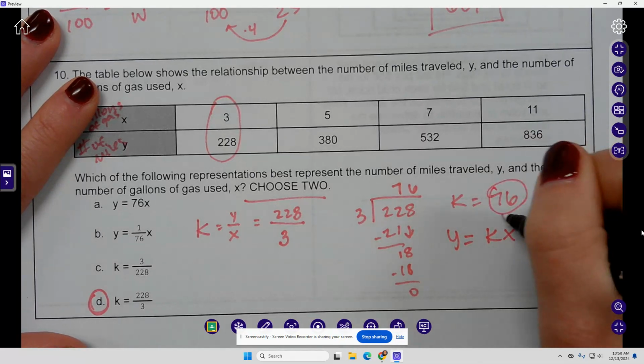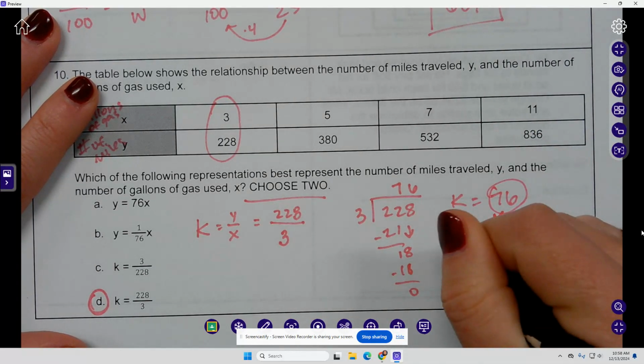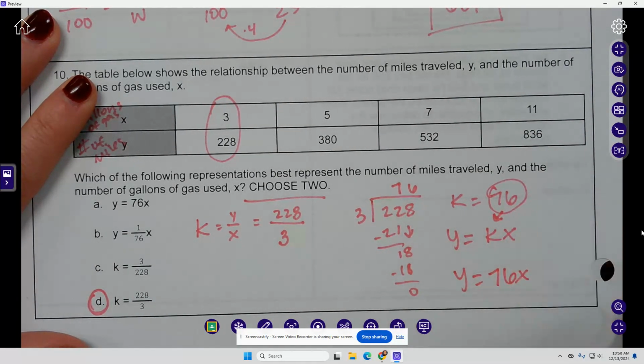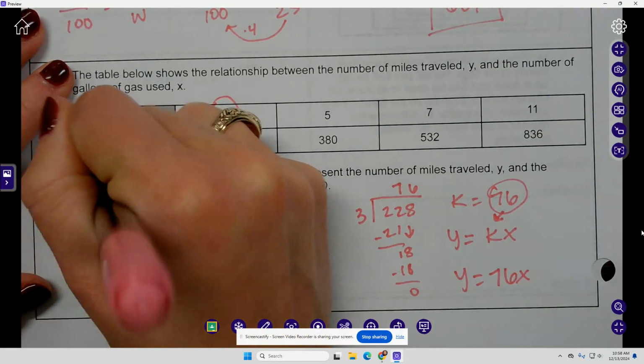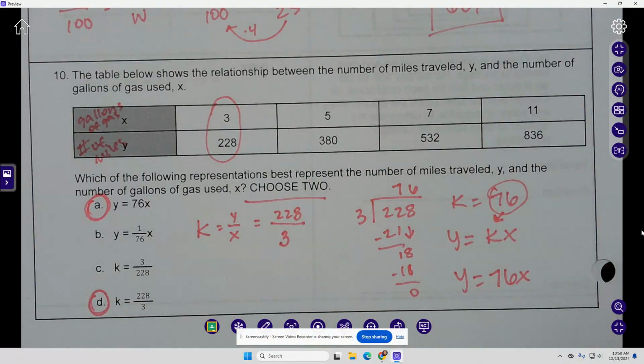So 76 is just going to be plugged in for K. So Y equals 76X. Does that match any answer choice? It sure does. A. So your 2 correct answers for number 10 are A and D. Remember, go ahead and pause if you need to.